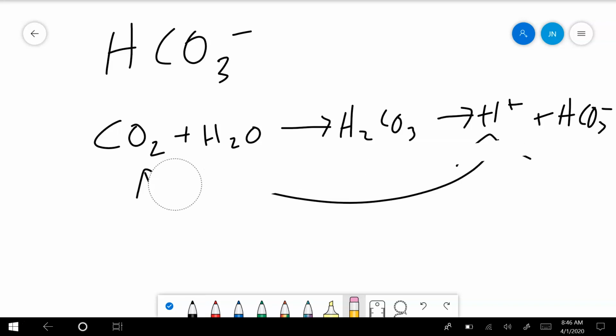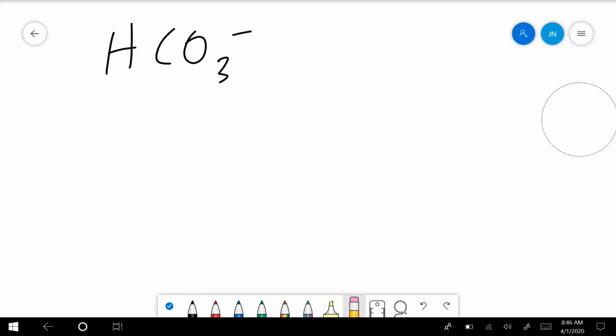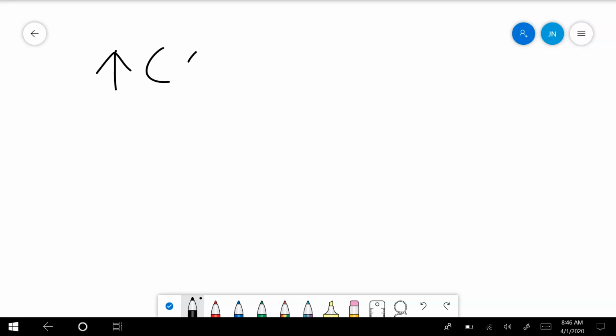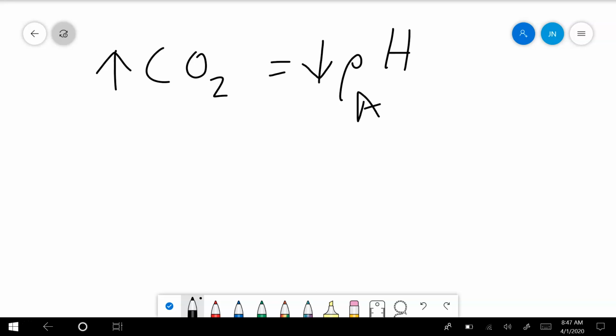So for the respiratory system, if we increase carbon dioxide, we decrease pH. And then the same is true for the opposite. If we decrease carbon dioxide, we increase pH, we make it more alkaline. So changing your respiratory rate can change the pH of your blood.